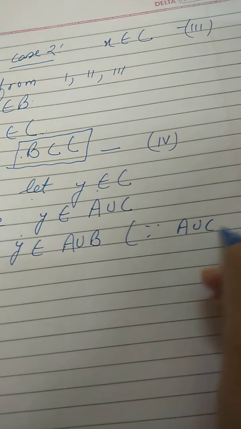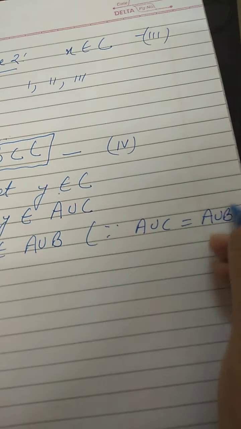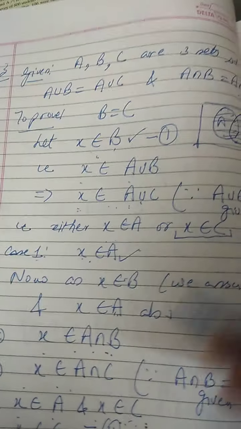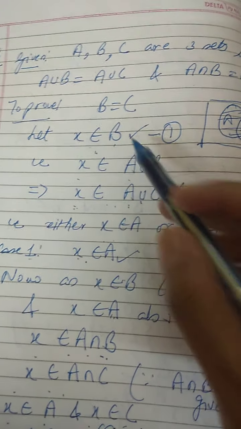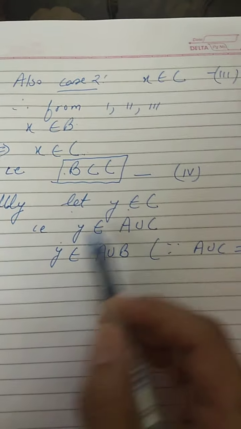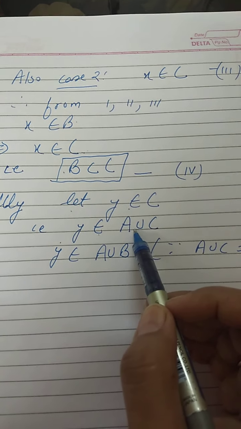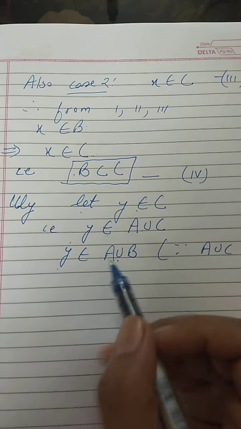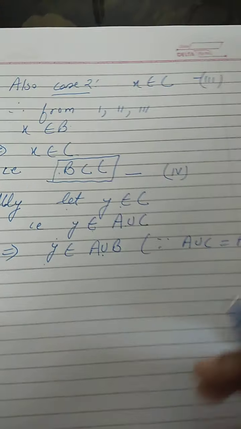Because A union C is given equals to A union B. The same steps are there. Wherever B we took, we are taking now C, and here it was x belonging to A union B implies x belongs to A union C, and since we started with C, so we said y belongs to A union C implies y will belong to A union B also, right?